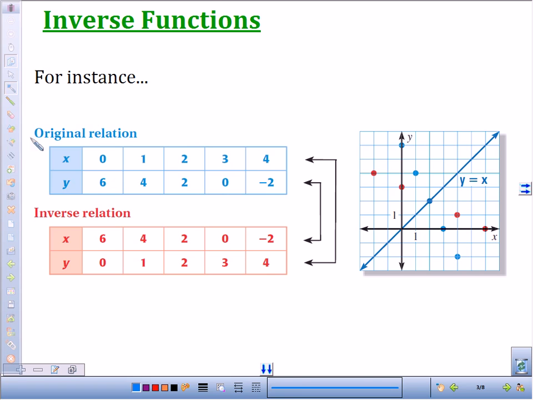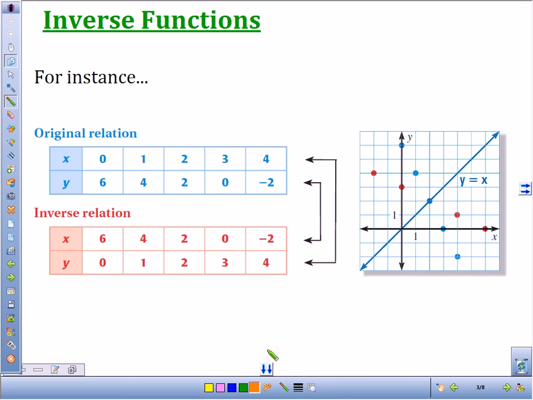And what I'd like you to notice is that these two relations are reflections of each other along the line y equals x. Right? This is the line y equals x, and all of my points are reflected from the original to the inverse on this line. So I have this point here in my original relation reflected to this point here in my inverse relation.